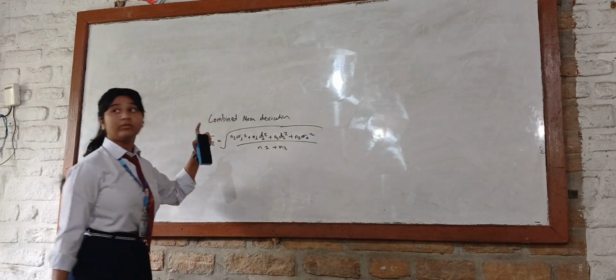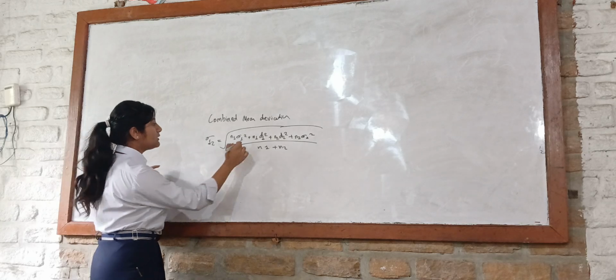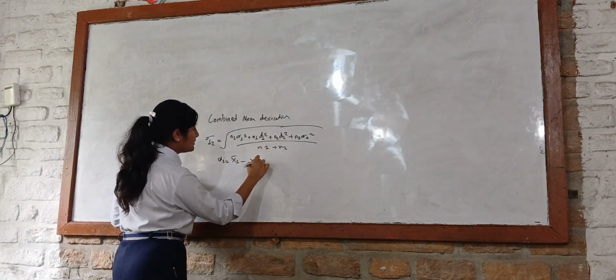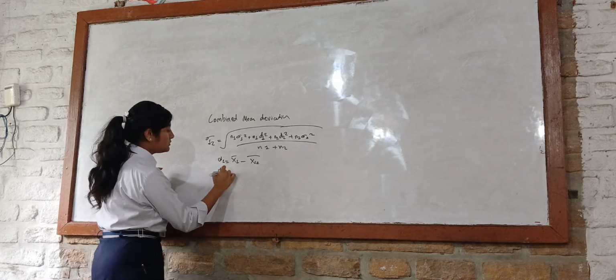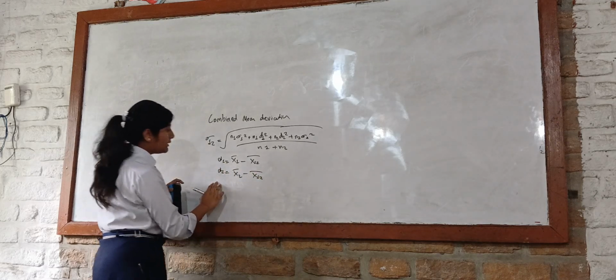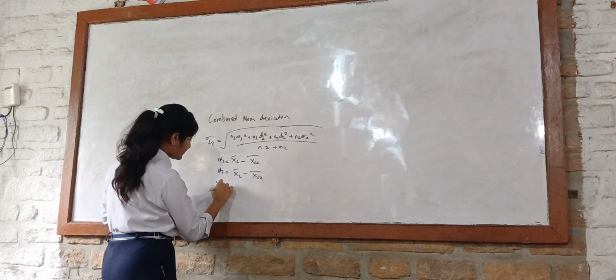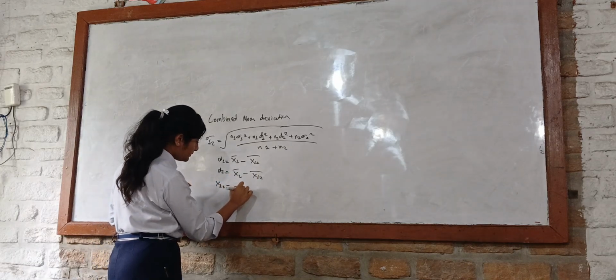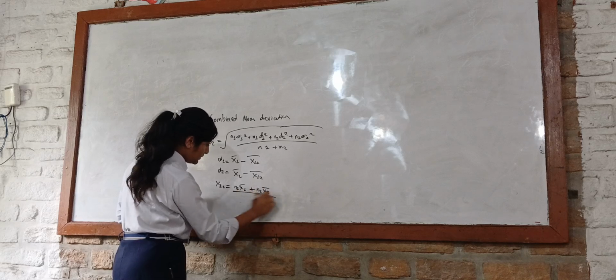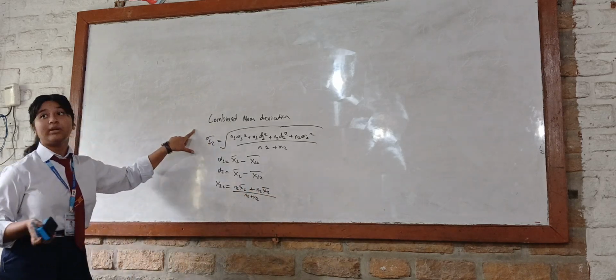So this is the formula for combined standard deviation, where d1 is equal to mean 1 minus mean 1 2. d2 likewise is equal to mean 2 minus mean 1 2. Here mean 1 2 is given as n1 mean 1 plus n2 mean 2 upon n1 plus n2. So this is for the combined standard deviation.